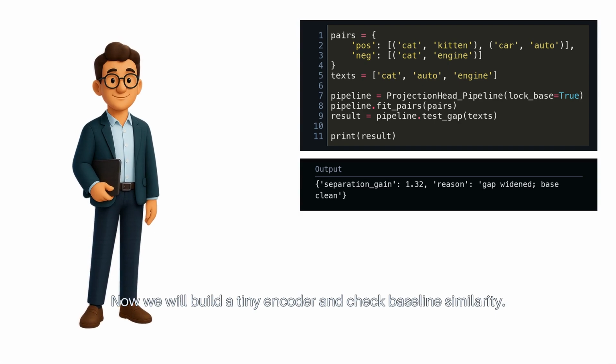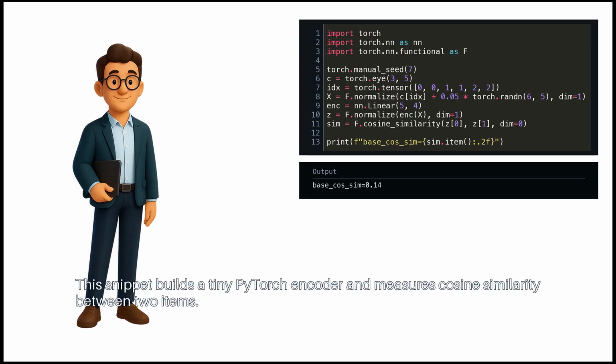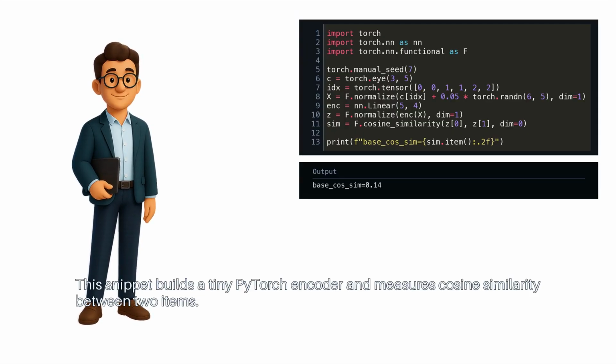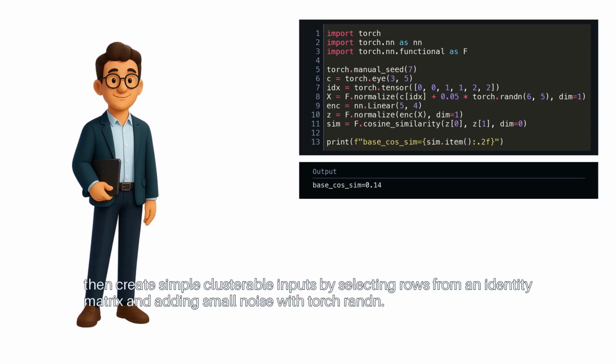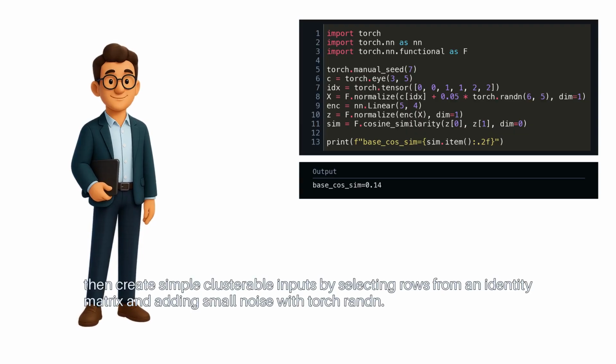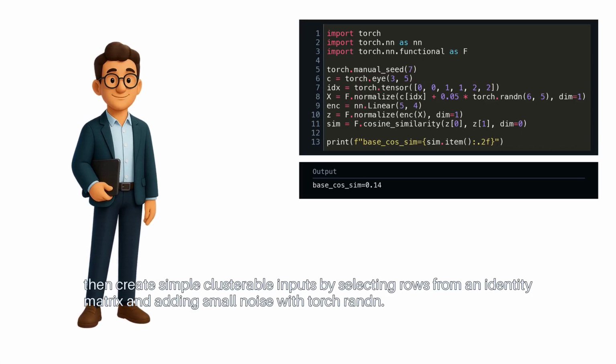Now we will build a tiny encoder and check baseline similarity. This snippet builds a tiny PyTorch encoder and measures cosine similarity between 2 items. We seed randomness for repeatability, then create simple clusterable inputs by selecting rows from an identity matrix and adding small noise with torch.nn.